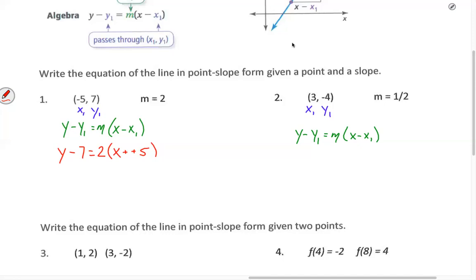Substitute. So I'm going to do y minus -4 equals 1/2 times x minus 3. Two negatives make a positive, so I can just write it as y plus 4. Pretty easy, right?